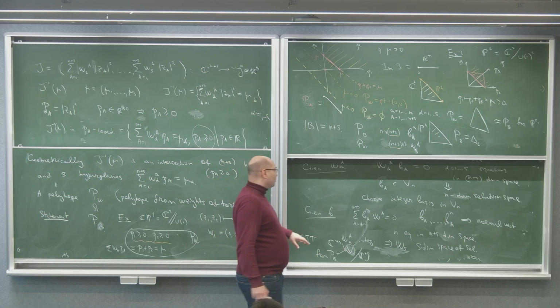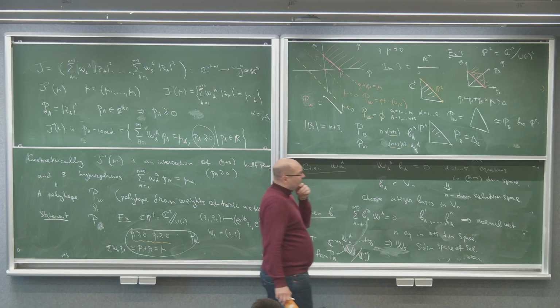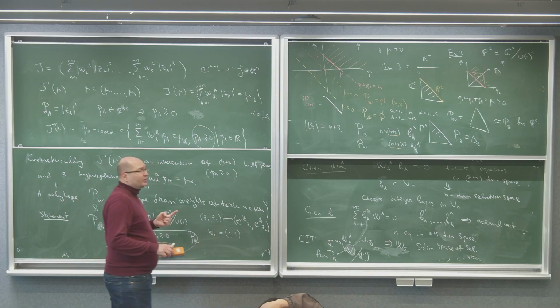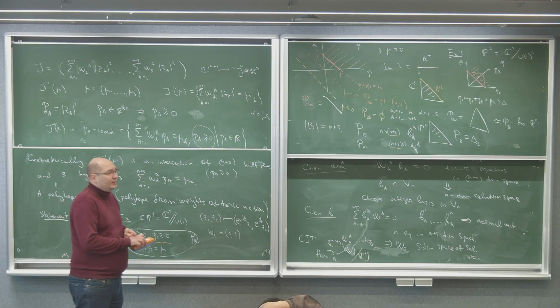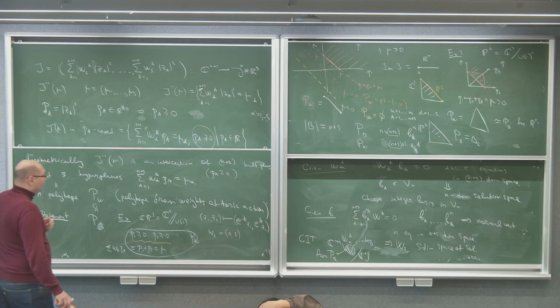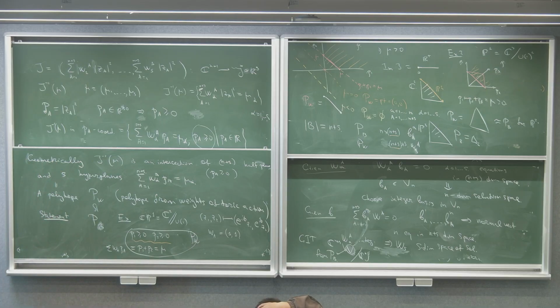So how to describe cohomologies in terms of this combinatorial data, and then how to get the product structure on cohomologies also in terms of combinatorics. That would be our topic for after the break.